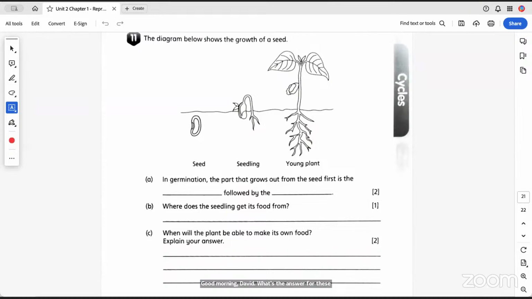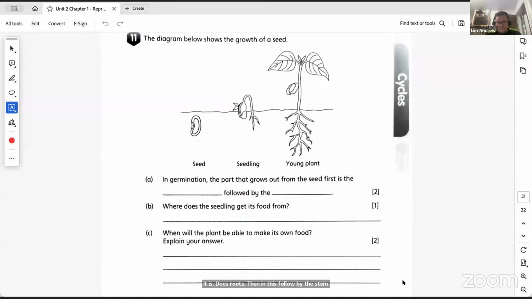In germination, the part that grows from the seed first is the roots. Then it is followed by the stem.